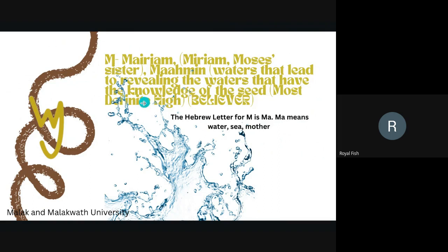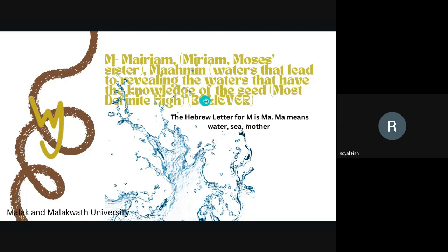The Most High, or believer. So mahmin means believer, literally. We break it down because it's better for our spirits like that, and it explains to you what a believer is. So a believer is somebody that is moved by the waters that lead to revealing the waters that have the knowledge of the seed.